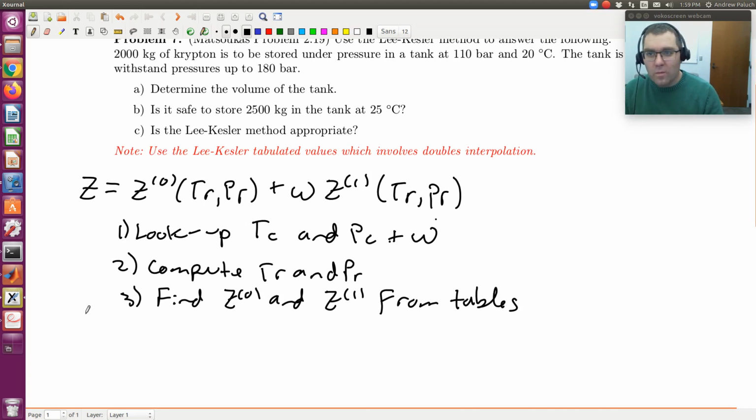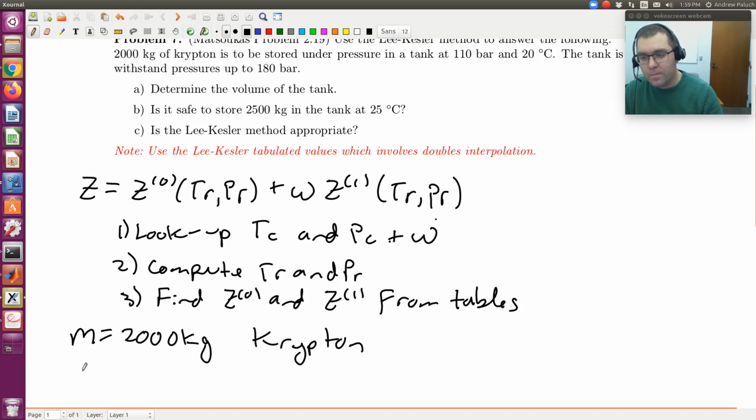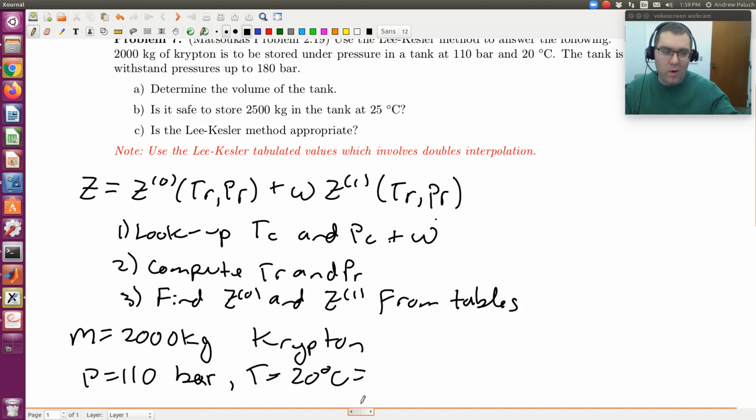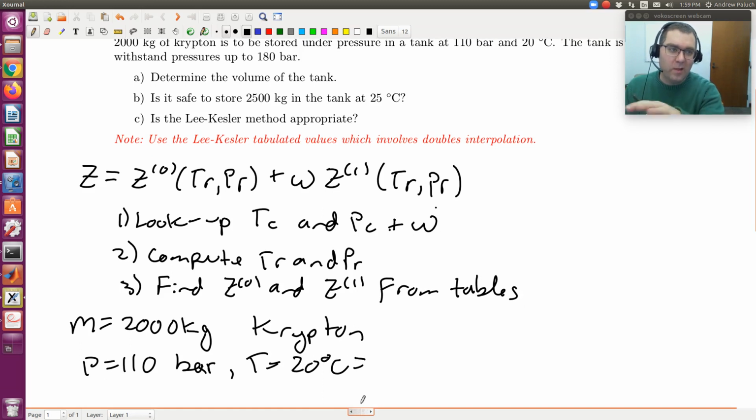What we're given is that our mass is 2,000 kilograms of krypton, our pressure is 110 bars, and temperature is 20 degrees C. Since we're always working in absolute units, especially when you calculate reduced temperature and pressure, it's imperative that your temperature is in absolute units.